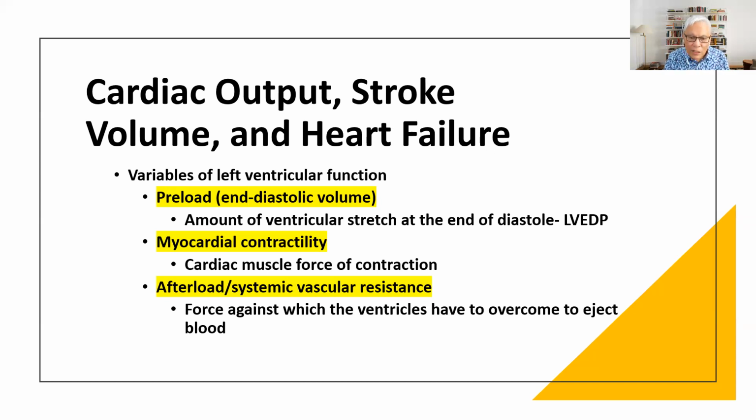When we talk about cardiac output, what is it? Cardiac output is the blood volume that's pumped out of the heart in 1 minute, and it's the product of two things. Let me just write it again. Cardiac output is stroke volume times heart rate.